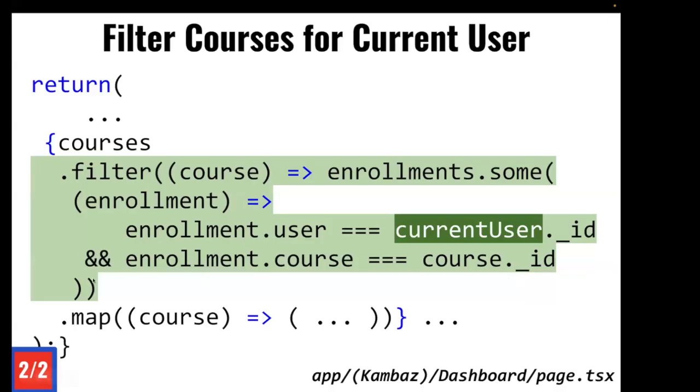So once we know the current user's ID, we can pattern match it with the enrollments so that we filter out. So you don't see all 20 courses. You only see 3 or 4 courses that you are enrolled in.